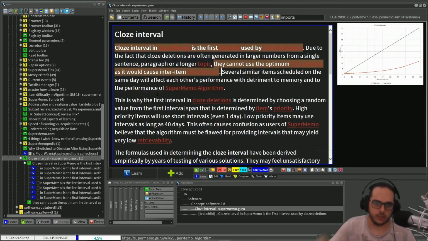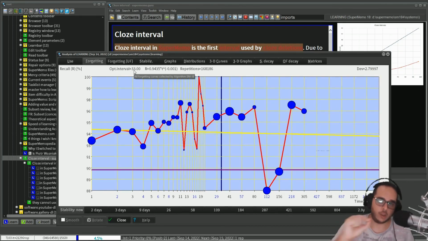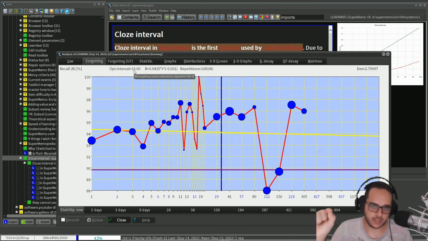So in conclusion, should you care about the cloze interval? Yes. Not just because, oh yeah, some degree of randomness you will have on the first interval, right? How this differs from the forgetting, the optimum interval. The optimum interval will always be the same, with some degree of fuzziness because of the priority.